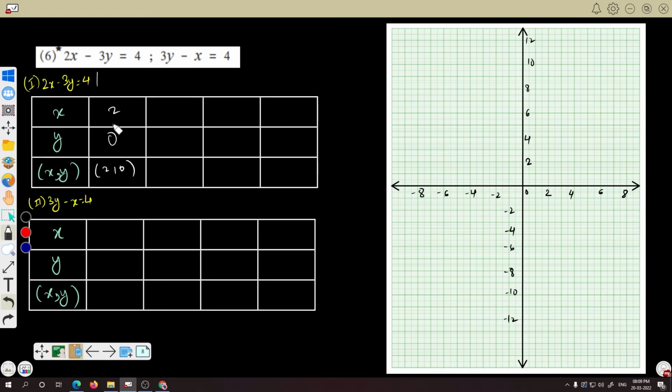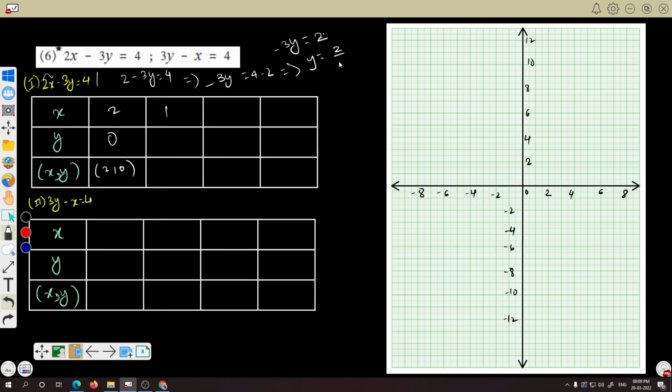Next, if I take x as 1, the equation will be 2 into 1, which is 2, minus 3y is equal to 4, which means minus 3y is equal to 4 minus 2, which gives me minus 3y is equal to 2.